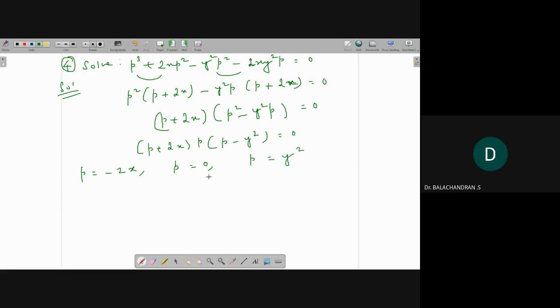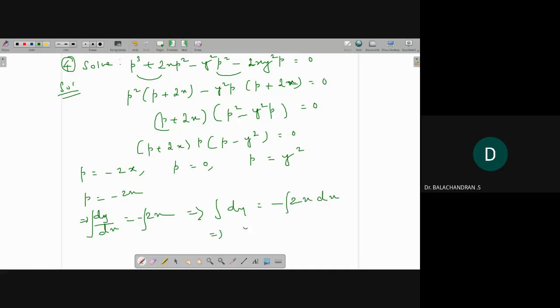Okay. So now I will choose p equal to minus 2x. This implies dy by dx is equal to minus 2x. If you integrate, we write integration dy equal to minus 2x dx.